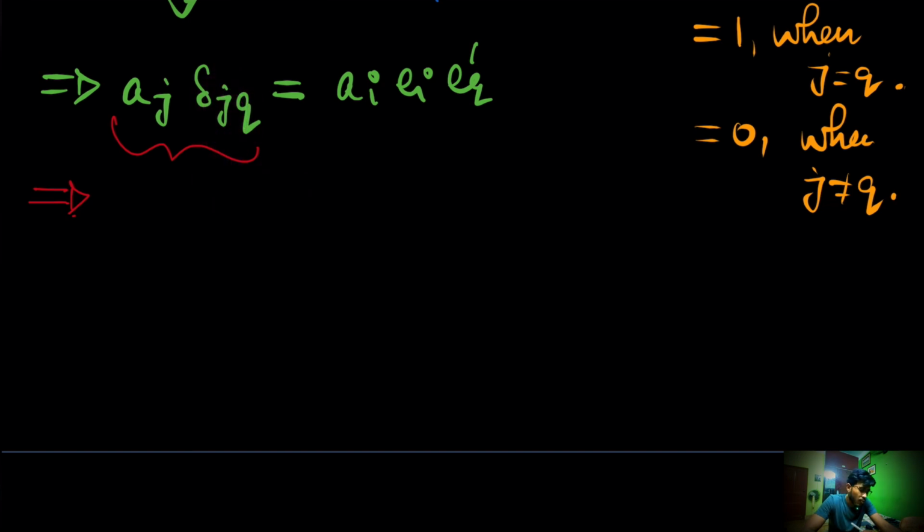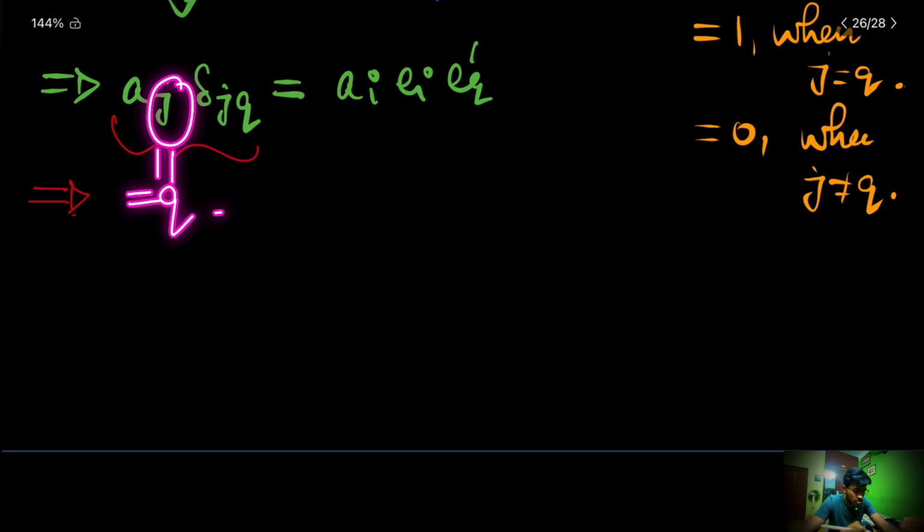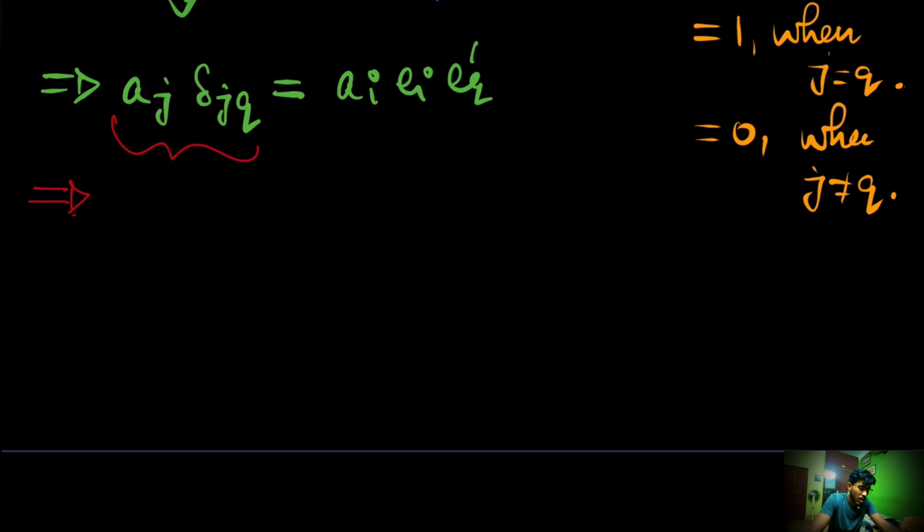Now if I put j equal to q here, then I cannot leave this j as it is. I have to put here also q. So therefore this is as good as Aq. Now this is equal to Ai into ei into eq dash.